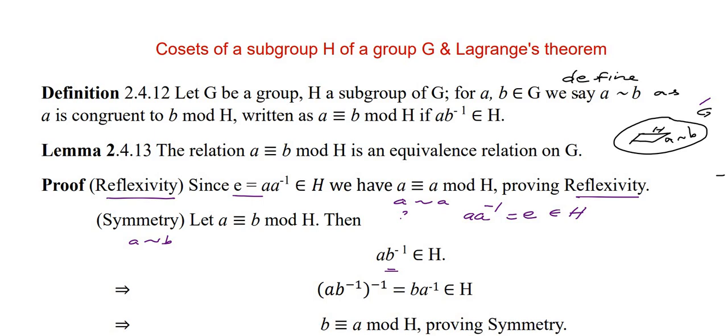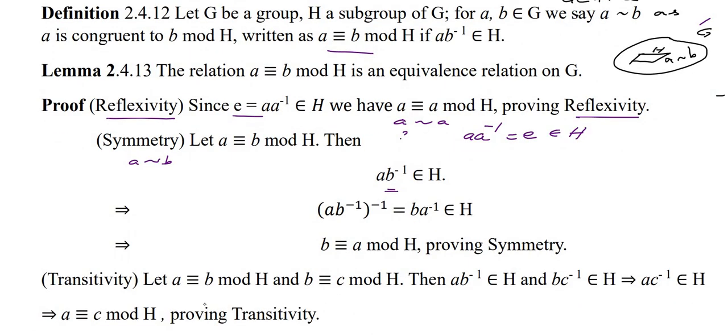So that belongs to H. By the definition of this congruence relation, this in turn implies that B is congruent to A mod H, so we write it as B related to A. So A related to B implies B related to A, and that proves the symmetry.